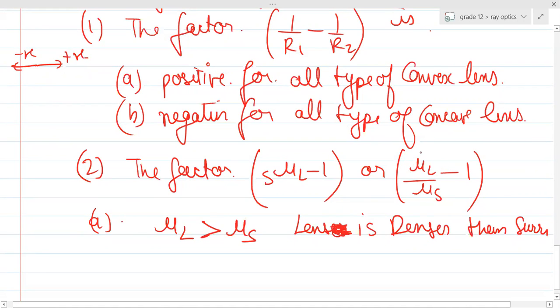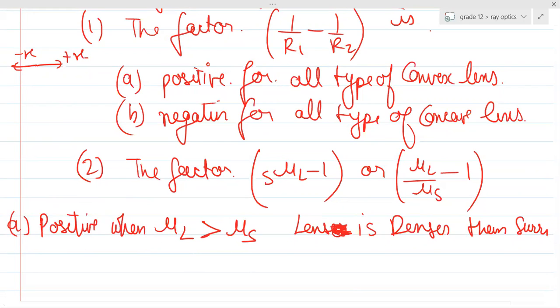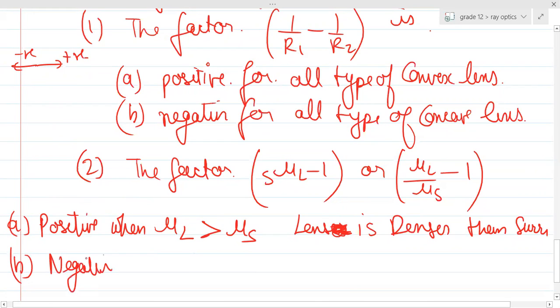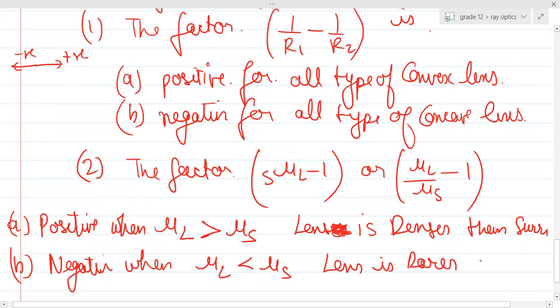This factor will be greater than 1, so it will be positive. Are you getting my point, guys? So this factor is positive when this happens, and it will be negative when the medium of the lens is less dense compared to the surrounding, when the lens is rarer than the surrounding. Then this thing will become negative.